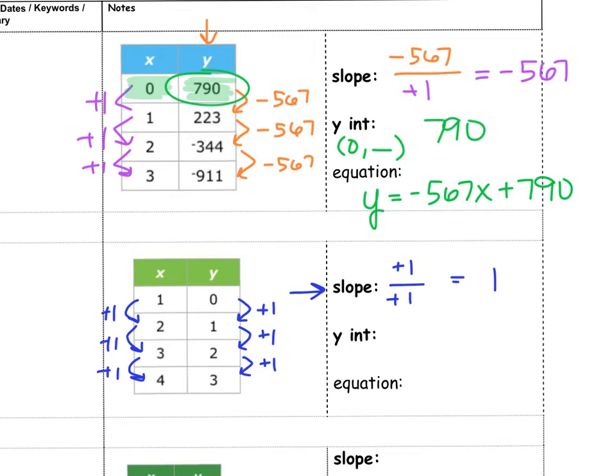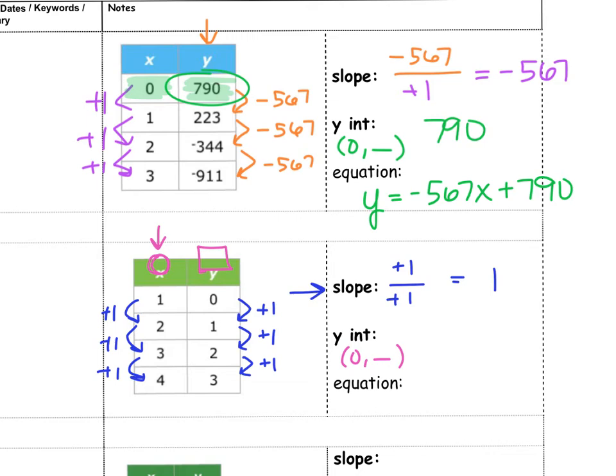Now our next step is to find the y-intercept. Remember, with the y-intercept, it's the point when x is 0 and whatever value that gives us. When I look at my x column, I don't have 0. So once again, just like on the front side of your notes, we have to work backwards. I need to figure out if x was 0, what would that corresponding y value be?